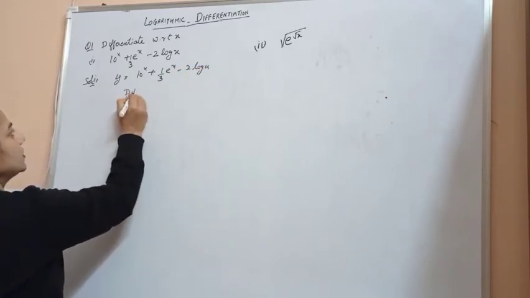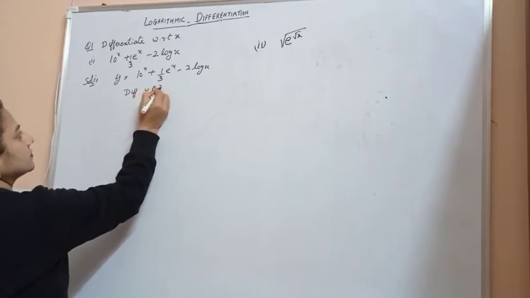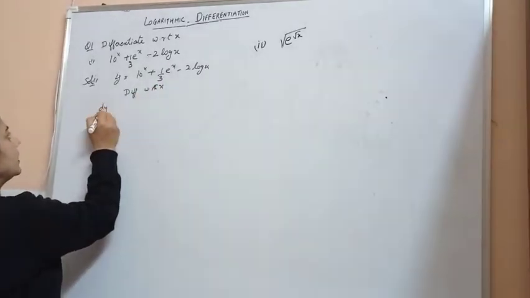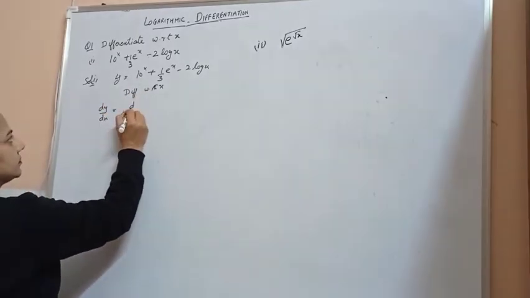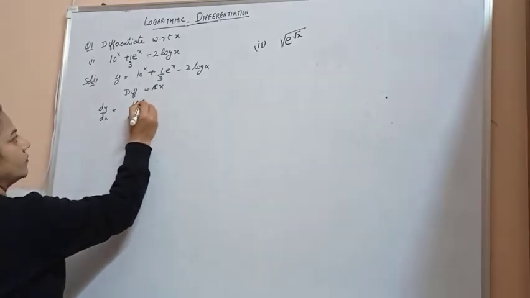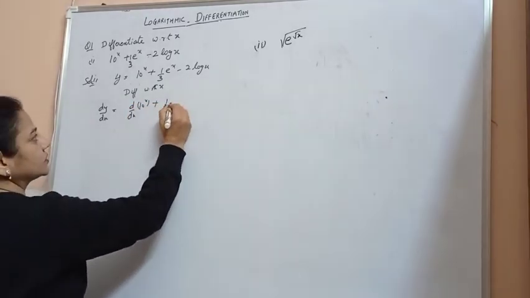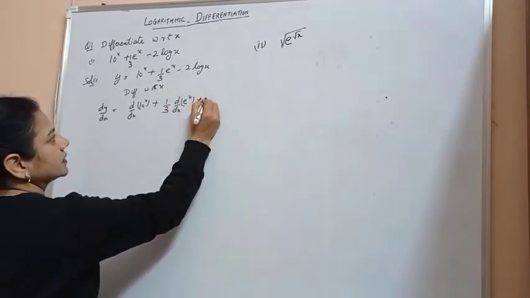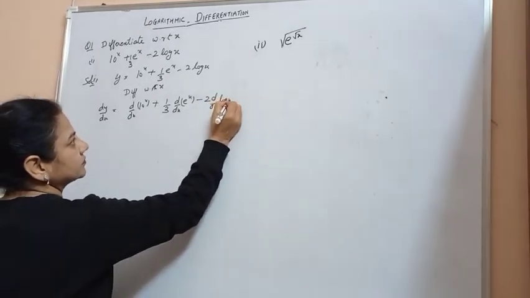Now differentiate with respect to x, we get dy by dx is equal to d by dx of 10 to the power x, 1 by 3 being a constant, we take outside, into the derivative of e to the power x minus 2 times the derivative of log x.